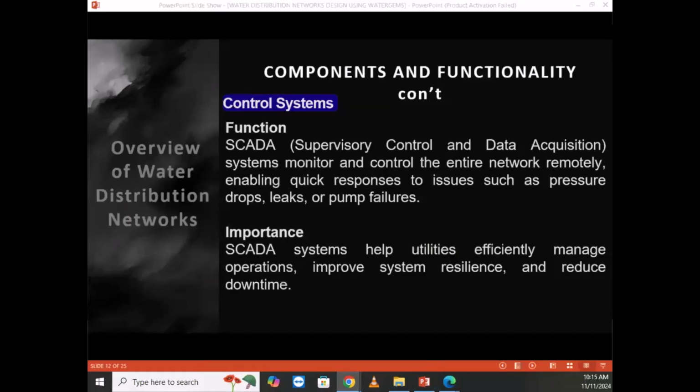So I think it's one of the things that needs to be considered while I'll be simulating the tank in WaterGEMS. Yes, that's one of the importance. Any others?